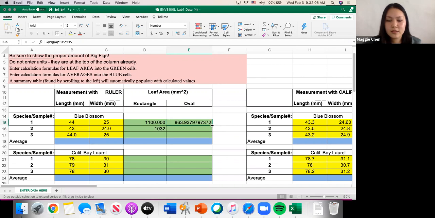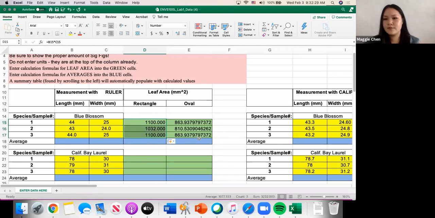And now you can just click and drag and then release, and it would autofill and do those calculations for you. And you can do the same thing for the leaf area on the side here. You would just hover over that corner of your cell. When it's that black plus sign, you can just click and drag, and it would do those calculations for you again, using the formulas that you want them to do.